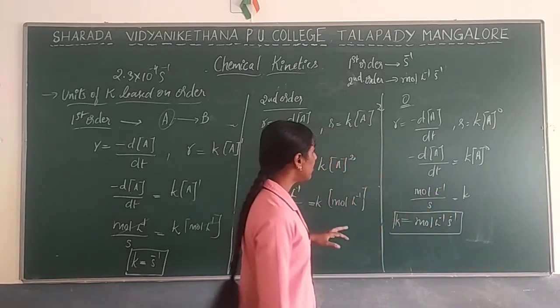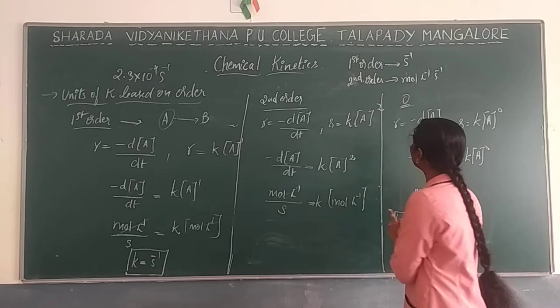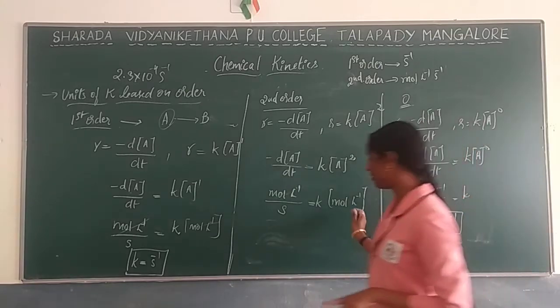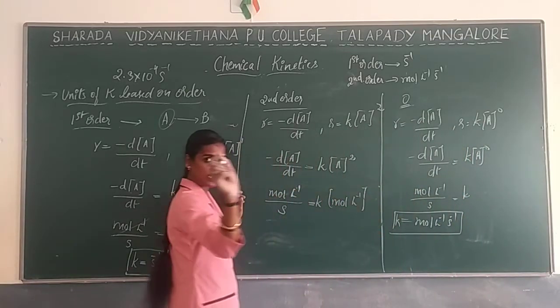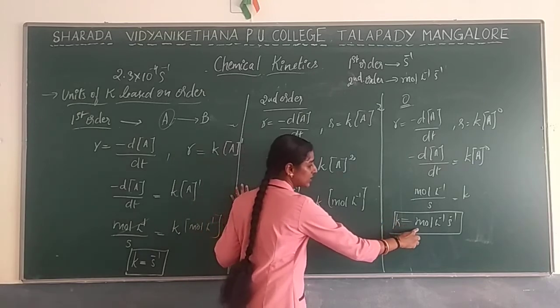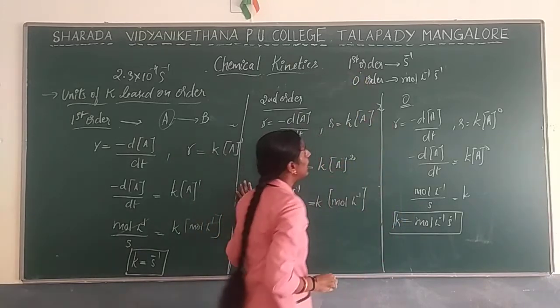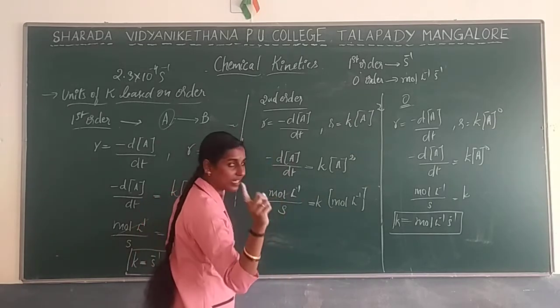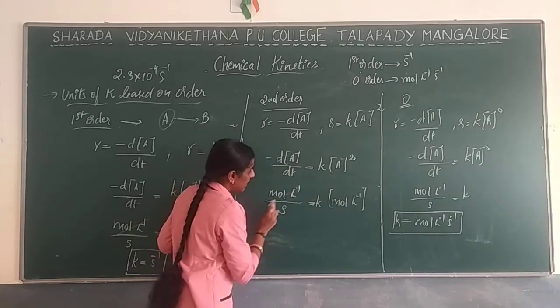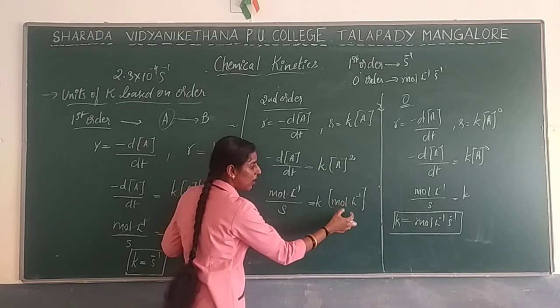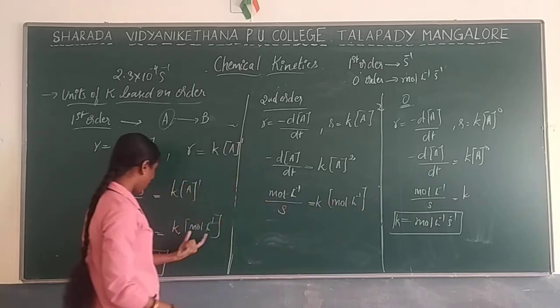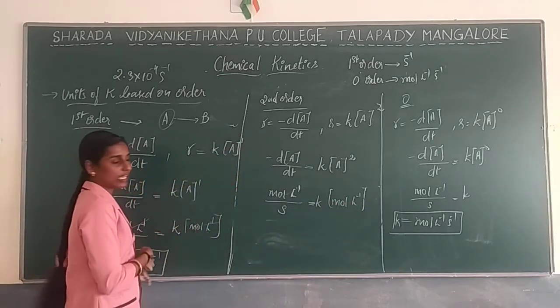Now this is for zero order. Again, for second order, see here, there is a small mistake. Here, this is correct: for zero order, this is mole per liter per second. For second order, we have made a mistake over here. Cancelling can be done how? Because you are taking this form down, so that the cancelling will be done there.